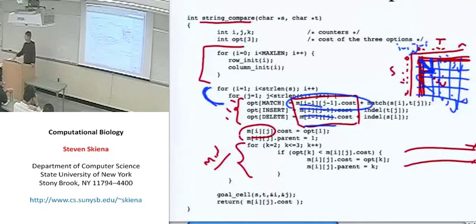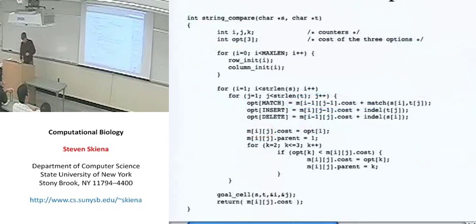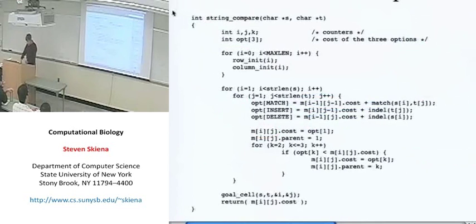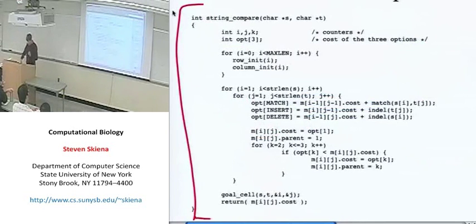Any questions? Yes? So row init and column init just fill in the first row and first column of the matrix? Yes. So what I've done here cleverly is I have built a very, very general string comparison that will let us solve lots of problems. You can specialize it by the cost of your row and column inits.